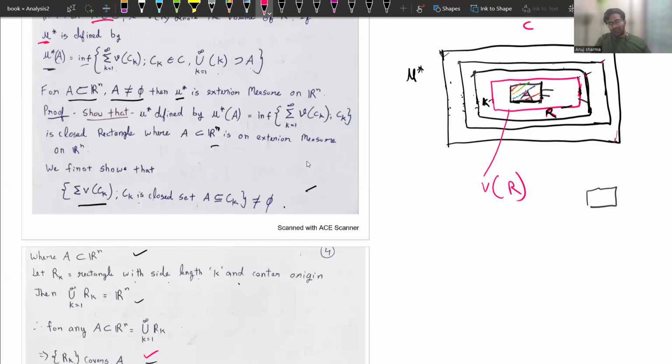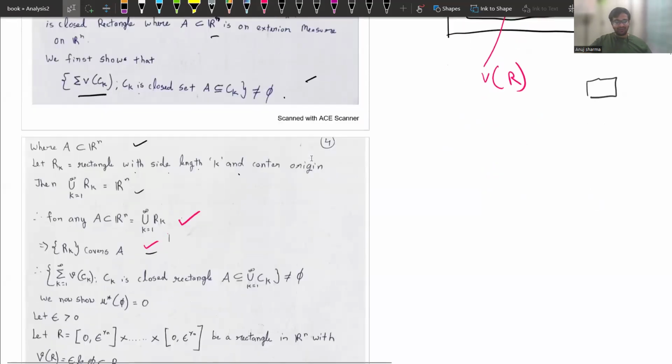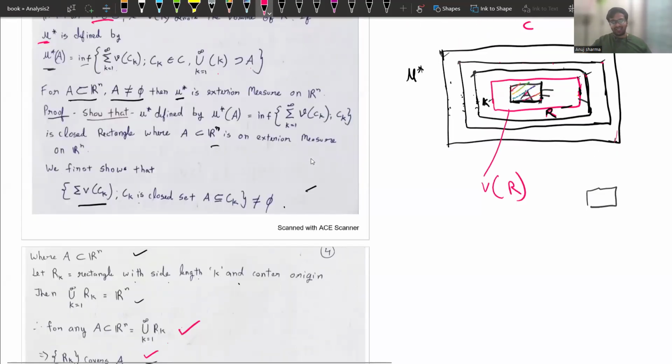A is placed on top of the other. So we can say that it is a union: A is present in every RK. This is how we denote it. So this is what it is saying: RK covers A. We can see this whole RK is covering A.